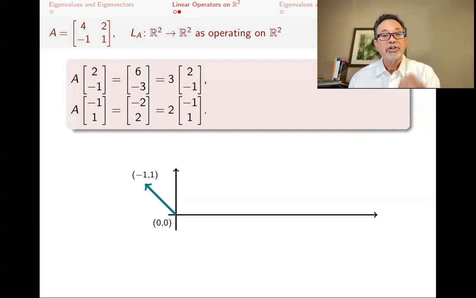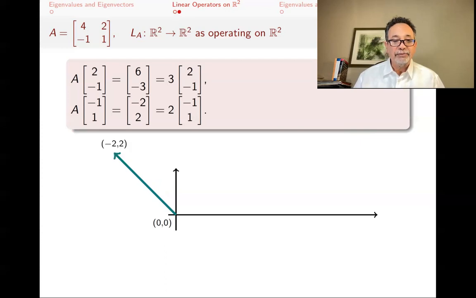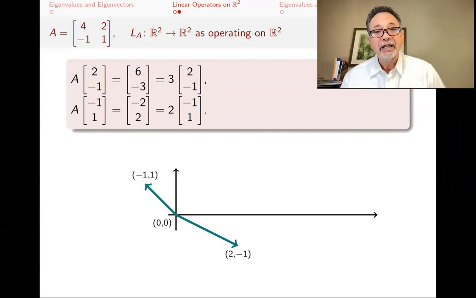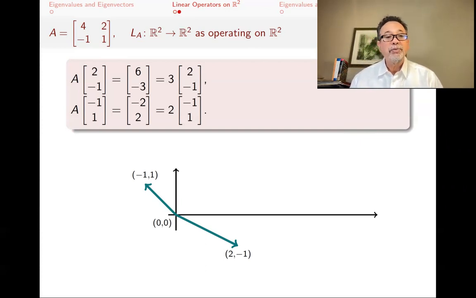So those two directions are special for A. Those directions are given by the eigenvectors, and the scaling factor is the eigenvalue. Okay, so again, these two vectors are eigenvectors for A. I haven't told you how to find that. In the next video, we will do that. But these are directions that are going to be very useful for the matrix A.